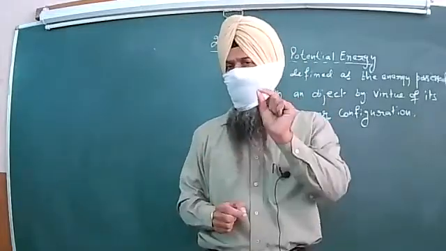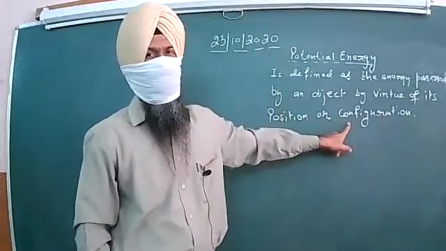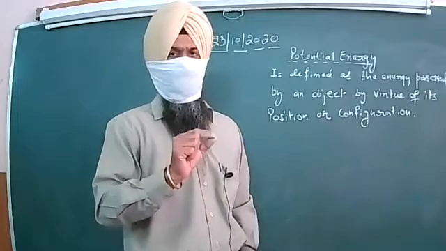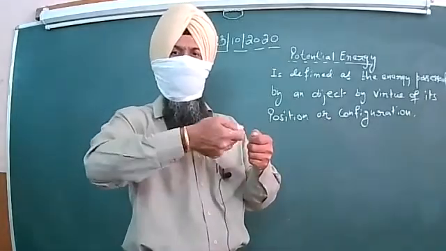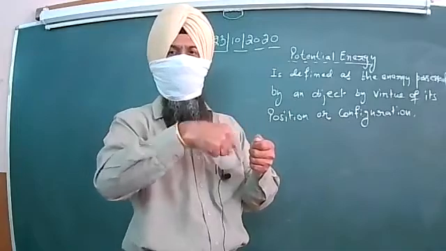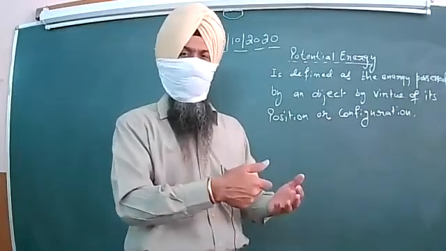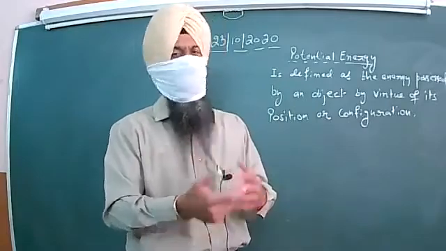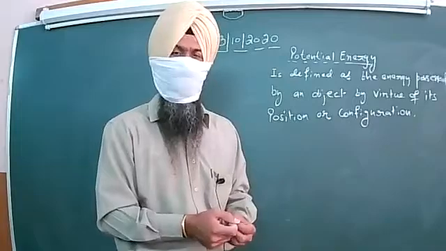Secondly, the second example is regarding configuration. You might have heard of or seen a watch based upon a spring. We fill the key, we rotate the key, and the watch starts working, and when the spring unwinds, the watch stops with it.